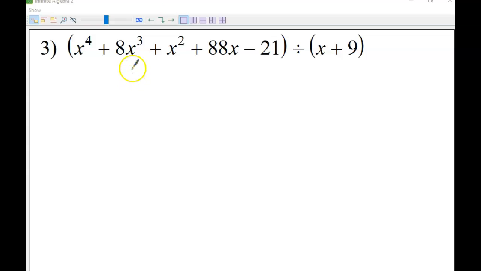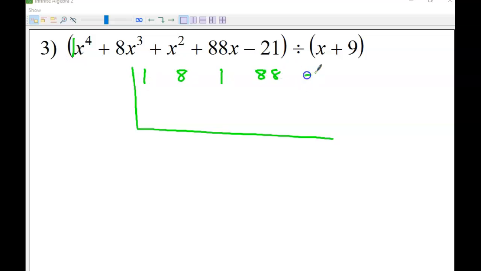Okay, got it. Okay, so I'm going to work it out, guys. The first numbers are 1, 8, 1, 88, negative 21. 9 goes in the front if you change its sign.